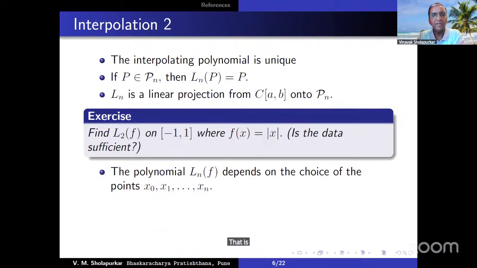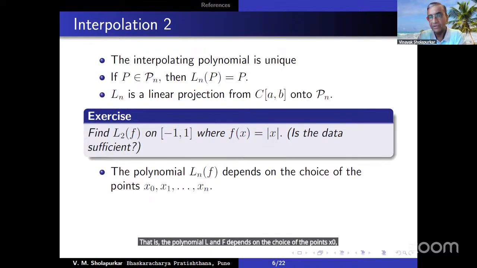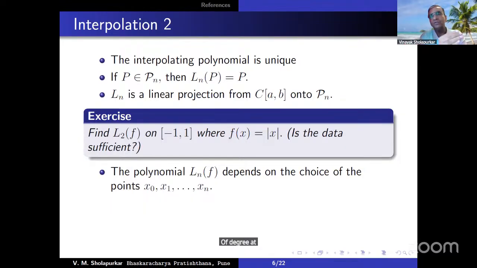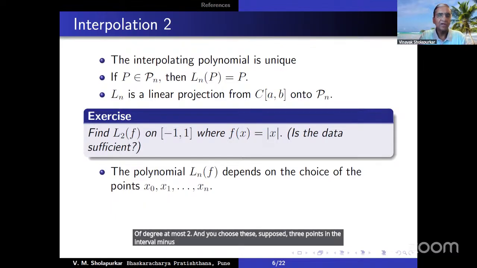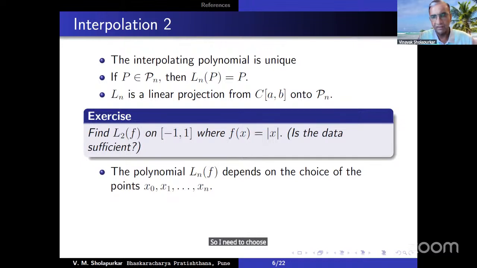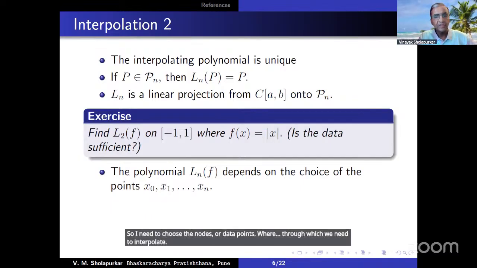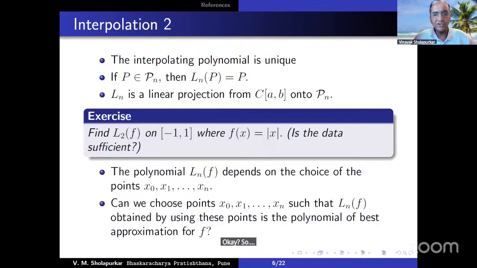That is, the polynomial Ln f depends on the choice of the points x0, x1, up to xn. So I must ask that you find the interpolating polynomial for mod x of degree at most 2, and you choose, suppose, 3 points in the interval -1 to 1, like this. So I need to choose the nodes or data points through which we need to interpolate. Okay. So can we choose now? This is the question that I want you to think on.